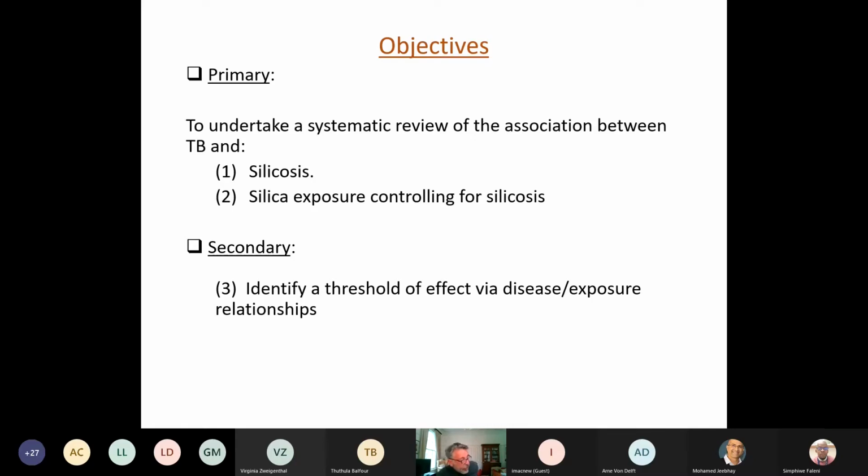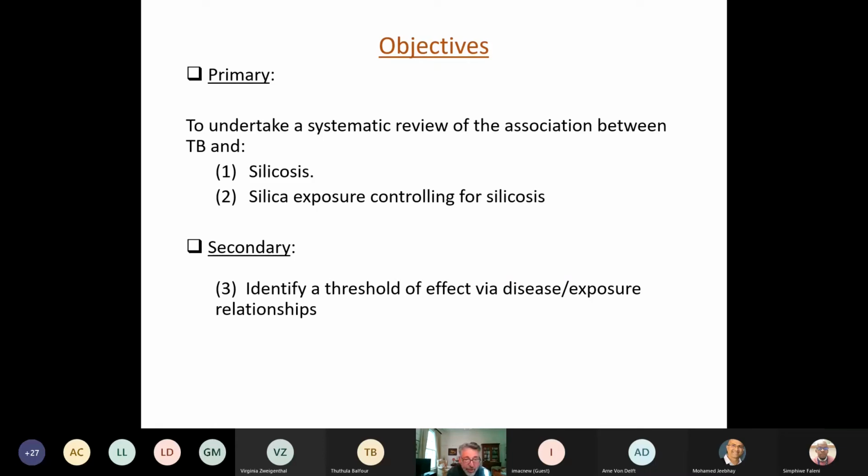So most of the reviews regard tuberculosis, and the reviews generally accept the association. It's a complication of silicosis, but more attention is paid to lung cancer, which is of great interest mostly in developed countries, and to autoimmune disease, rare, but with important effects for people affected.